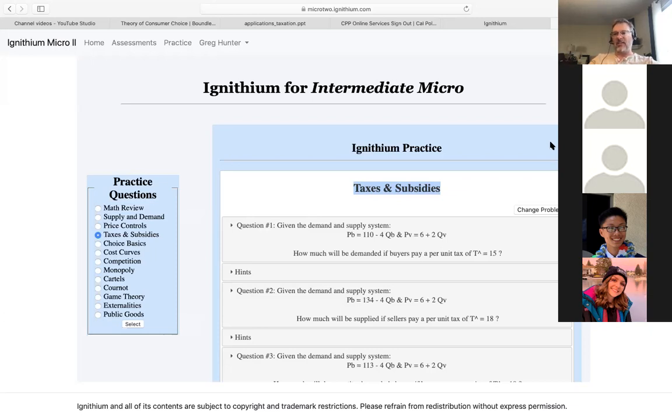And like Sanika and I were working on together, show me a before and after picture where you've shaded in the consumer and producer surplus and maybe the tax revenue and a deadweight loss. If you solve the problems the way that I do, I always draw those diagrams, so it's no big deal.